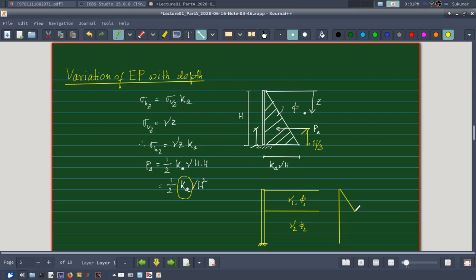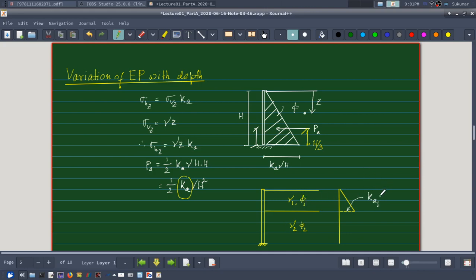So this portion will be how much? This portion will be, let me take a dotted line for this. So this portion will be Ka1, because it will depend on the phi 1 value.